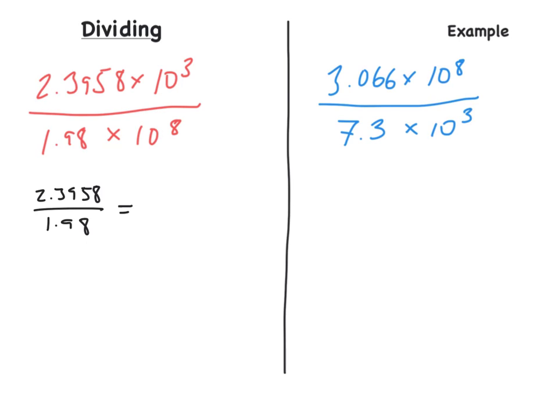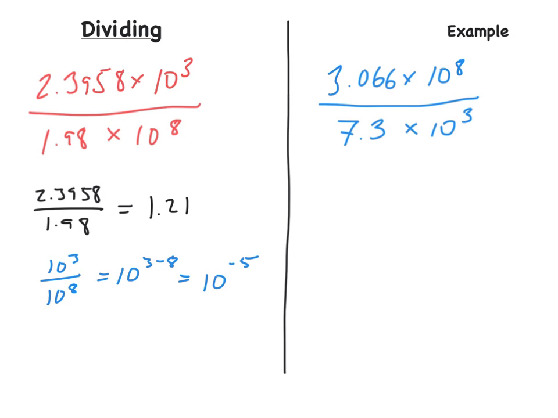That is equal to 1.21. Now if we have 10 to the 3rd divided by 10 to the 8th, remember that's basically like 10 to the 3rd minus 8, which is equal to 10 to the negative 5th.